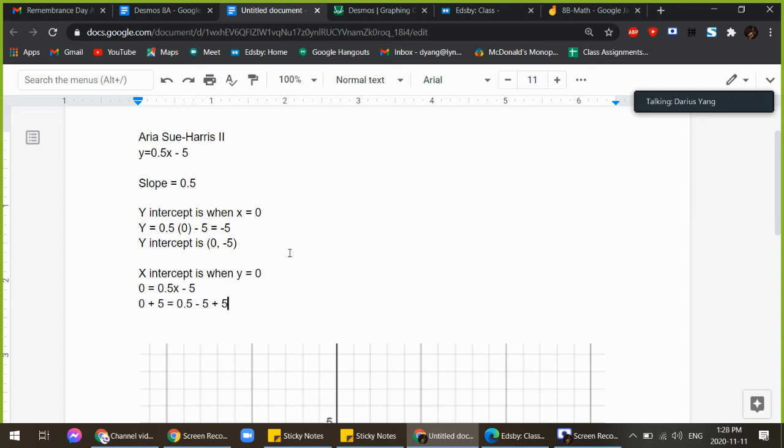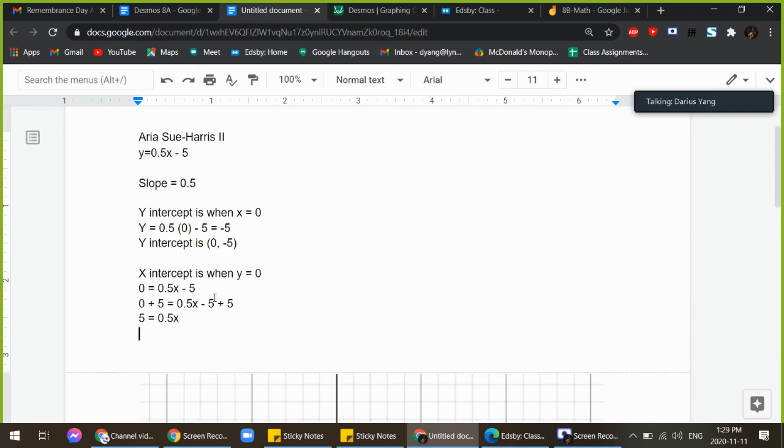There's a 5 dangling on one side, and I want to isolate x on one side, leaving the x and its coefficient. Then it would be 5 equals 0.5x.